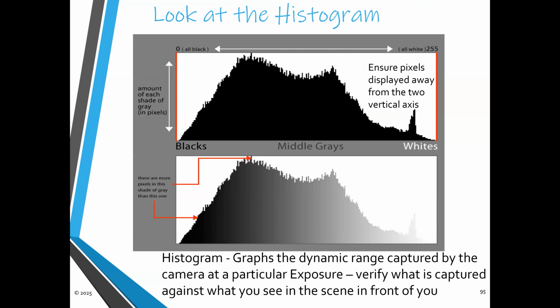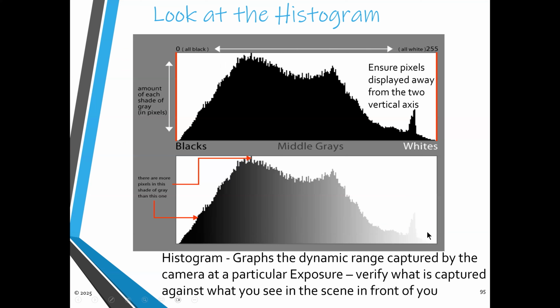The third way to see what our exposure looks like is by looking at our histogram. We did a lot of study on how to find your histogram and how to read your histogram. One of the things we identified was that ideally all of our pixels are somewhere between these two goalposts. We rarely want our pixels to be right up against this right-hand goalpost, because that means we've way overexposed them and virtually burnt out our sensor at that point.